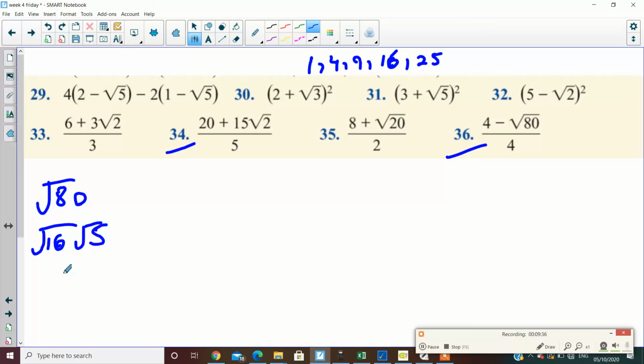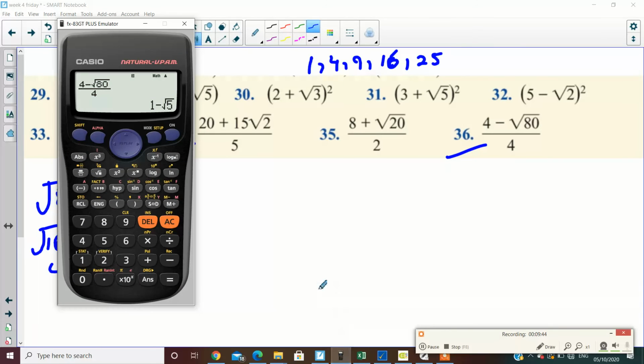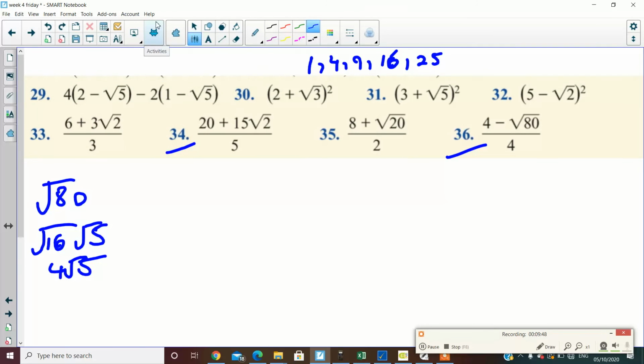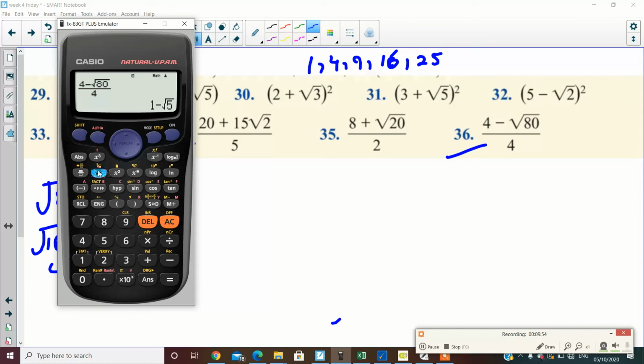What do you do to root 16? 4 root 5. Once again, if you're not sure, how would you check your answer? Just put root 80 into the calculator.